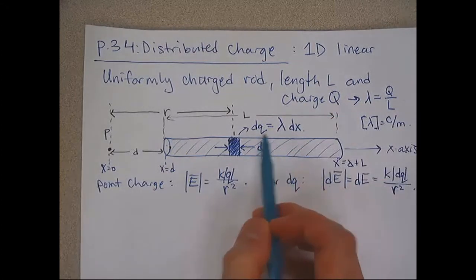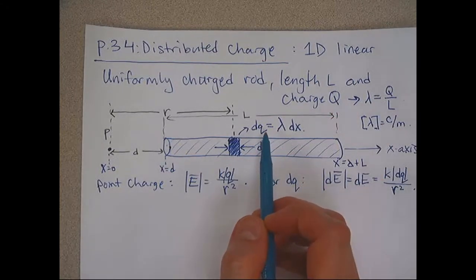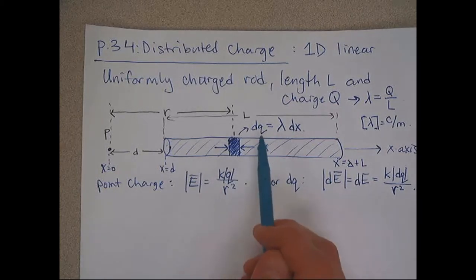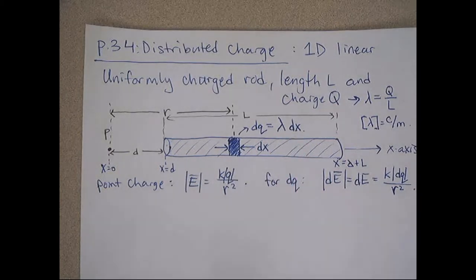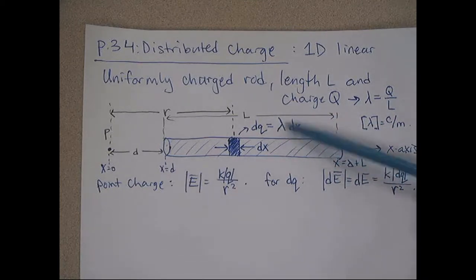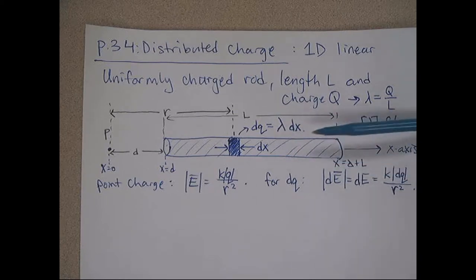In every expression that contains a differential, you must have a differential on both sides of the equation. So the small amount of charge dq is the amount of charge you have per unit length times the length of the dq. Here that's dx.